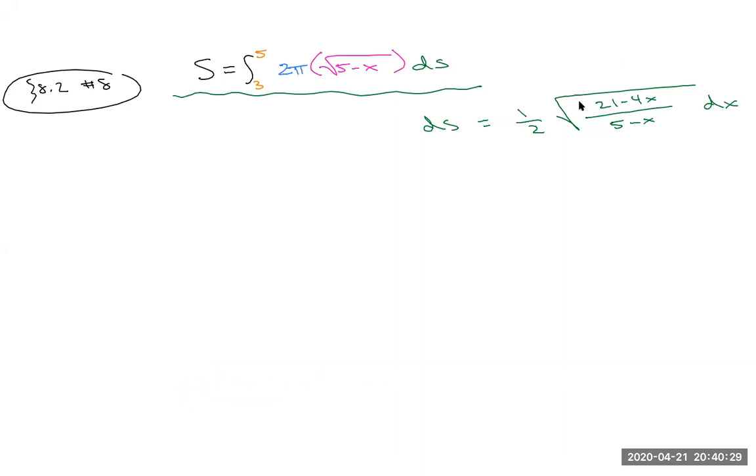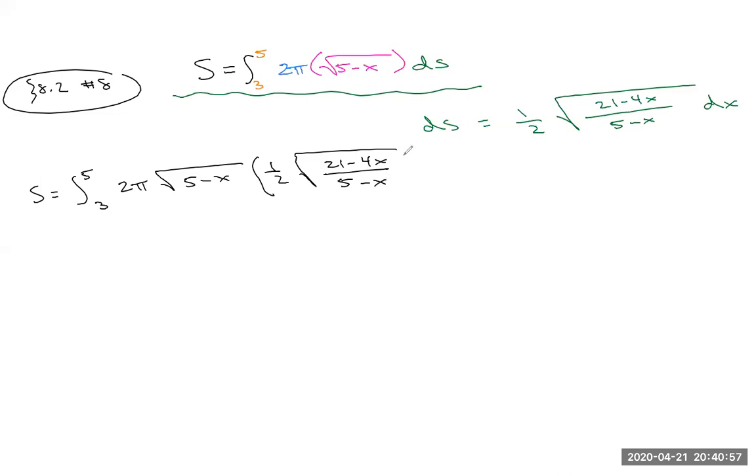Okay, so S is equal to, bounds 3 to 5, 2 pi. We have our root 5 minus x. And then we have ds next door, which is 1/2 times root 21 minus 4x over 5 minus x dx. So first bit, you have a 2 times a 1/2. That's going to turn into a 1, which is beautiful.